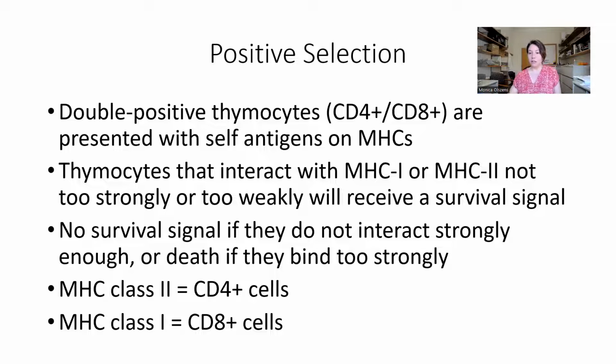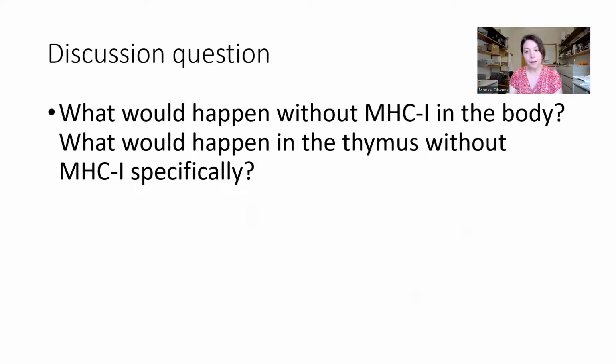This step is going for the perfect work handshake, not too firm, not too weak, just the perfect middle ground. So they get a survival signal if they interact correctly. MHC class 2 turns into a CD4 T cell. If the T cells bind to MHC class 1, they turn into CD8, just like I mentioned before.